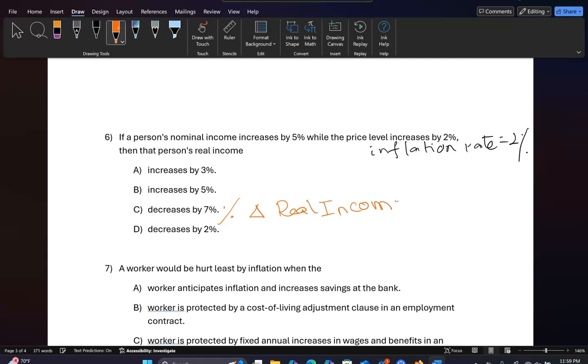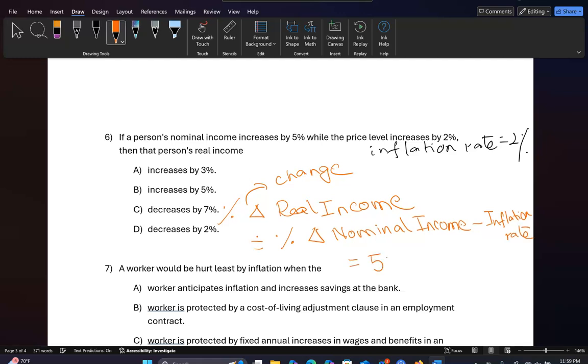This triangle sign is for change. This is equal to percentage change in nominal income. From that, we subtract the inflation rate. This is gonna be 5% minus 2%, that's 3%.